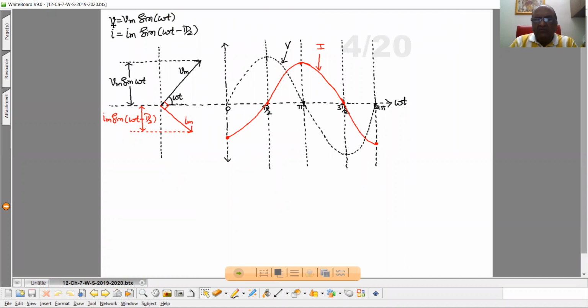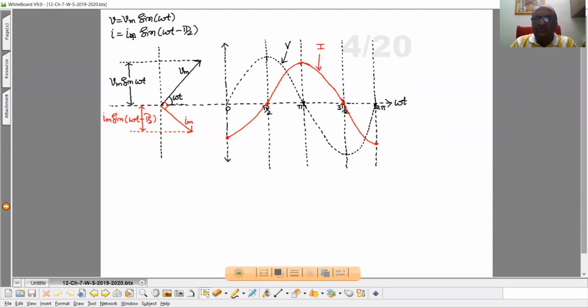See, voltage is Vm sine omega t, means the voltage graph will be the sine curve. But now for current, at time t equal to 0, Im sine minus pi by 2, sine minus pi by 2 that is minus 1.